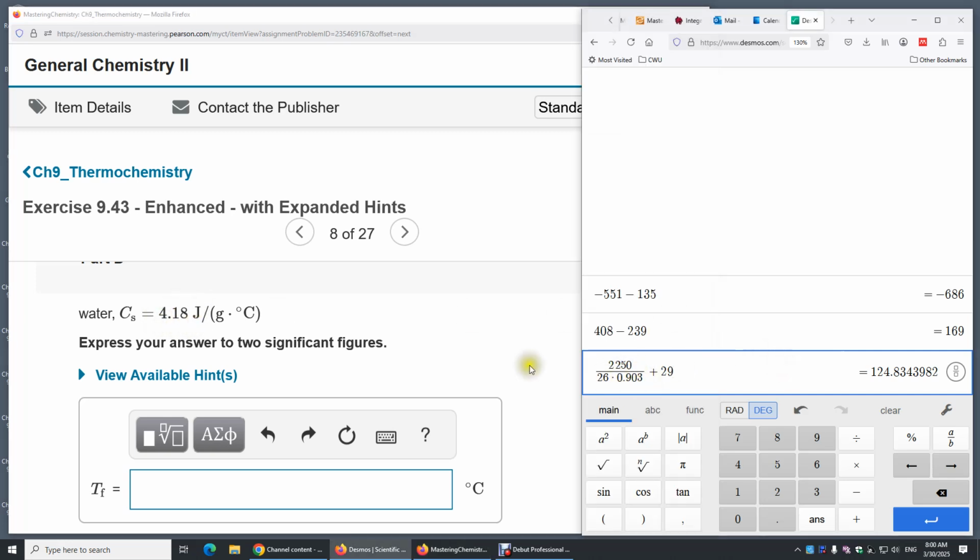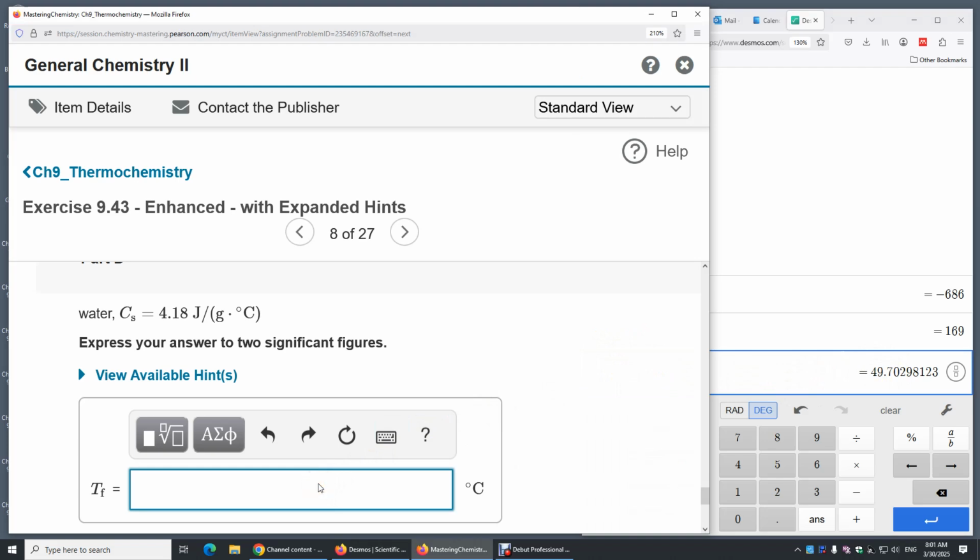I will replace this number with 4.18, and you can see this specific heat capacity appears on the bottom. That means this delta T will be smaller. And the final temperature is only 50.